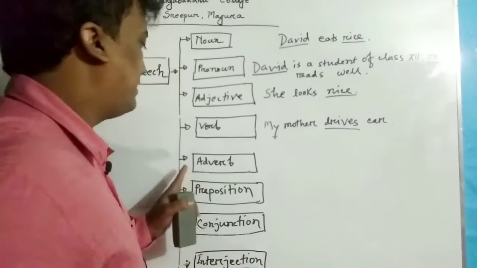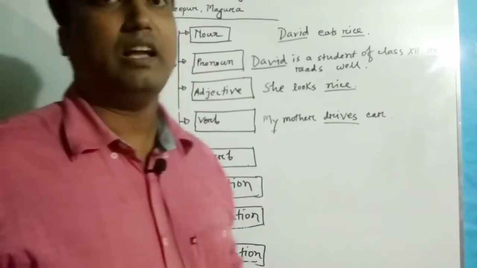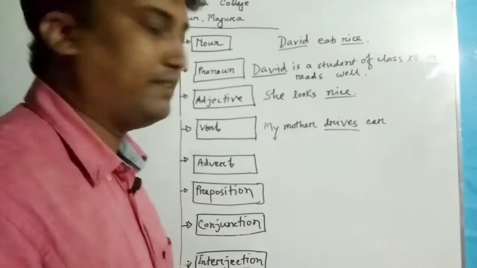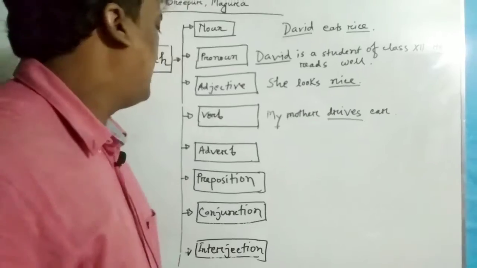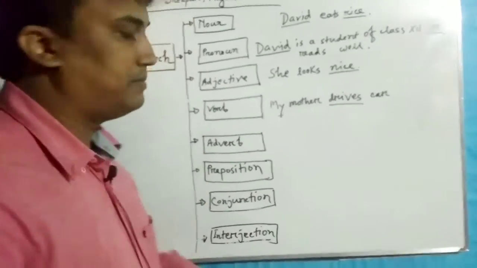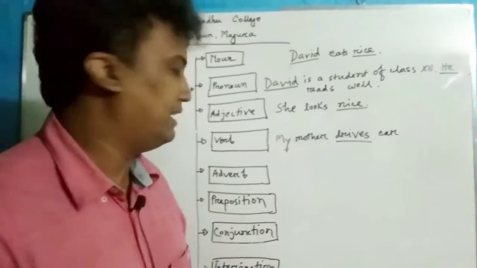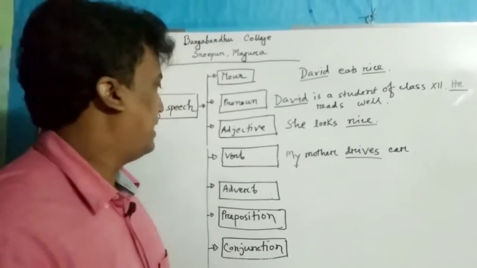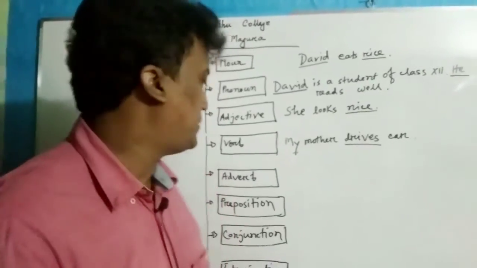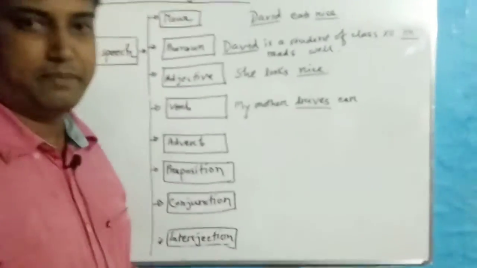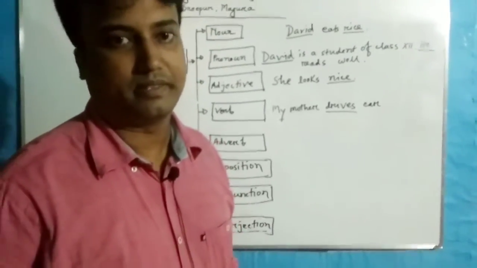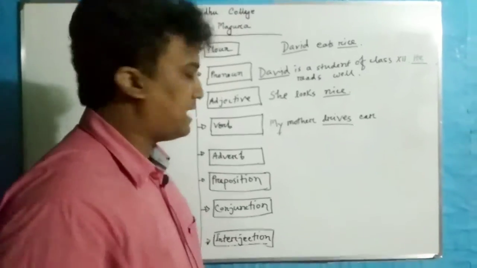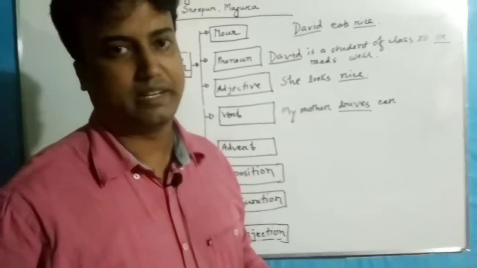So the next one is adverb. Adverb is also an important part of speech. Adverb is a word that modifies verb, adjective, and the other parts of speech. Sometimes adverb modifies the whole sentence.